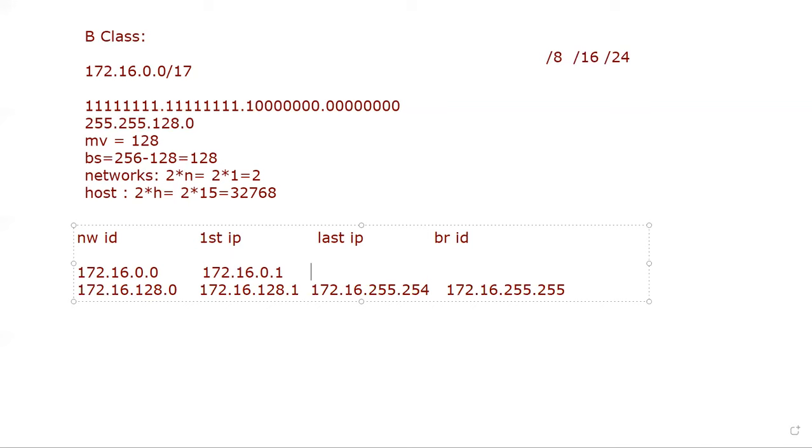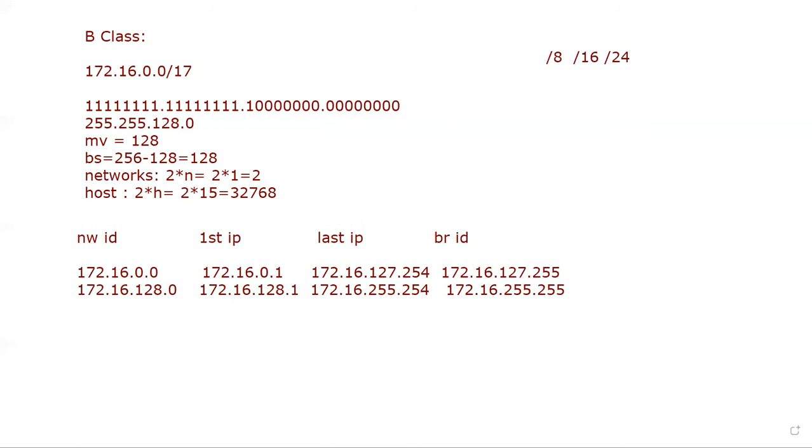Similarly, my last IP is 172.16.127.254, and broadcast is 172.16.127.255, because after this IP my 128 will be there.